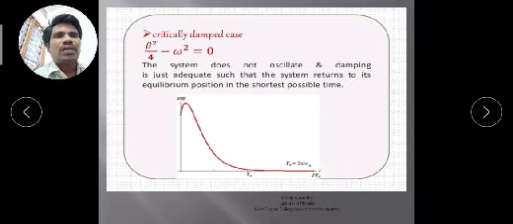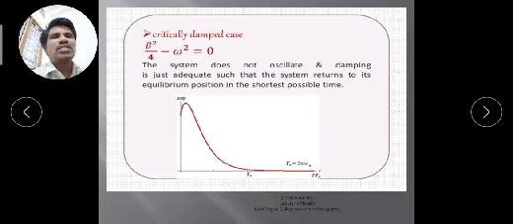Now the critical damping case, that is beta square by 4 minus omega square is equal to 0. That is case 2, and the system does not oscillate and damping is just adequate such that the system returns to its equilibrium position in the shortest possible time.